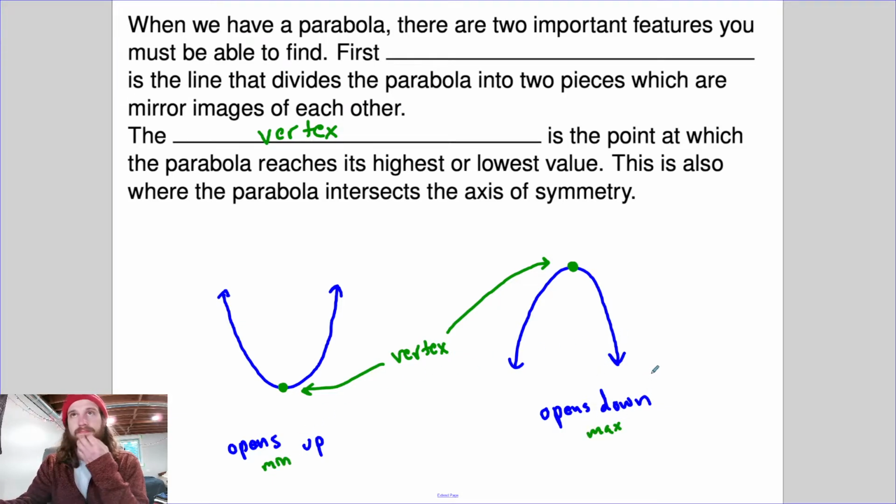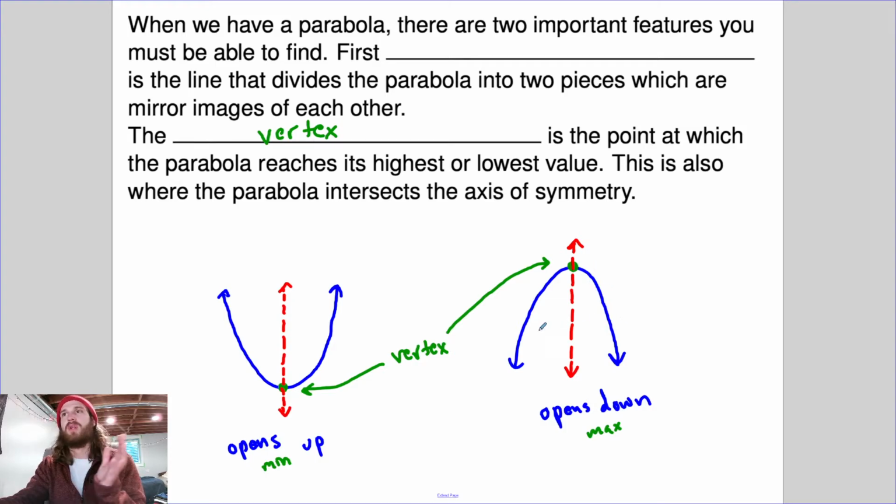a maximum. Now it's important to note every parabola is symmetric, and there is a line around which it is symmetric. We call this the axis of symmetry. So the line about which a parabola is symmetric is called the axis of symmetry. And symmetry really means that one side is a mirror image of the other side.